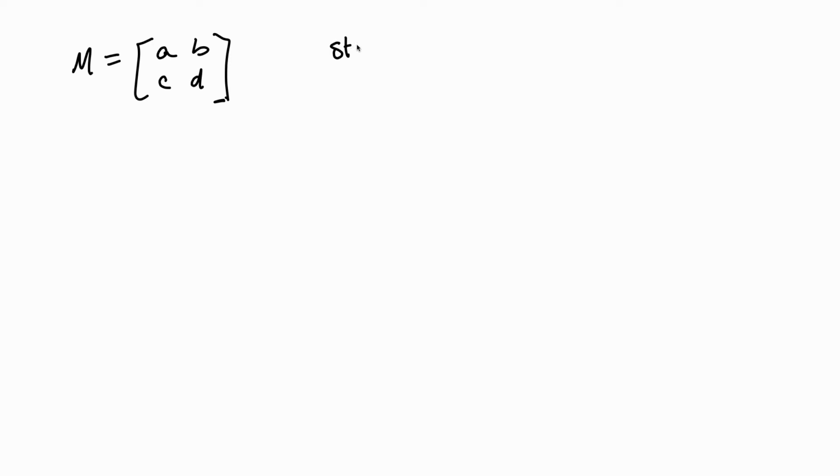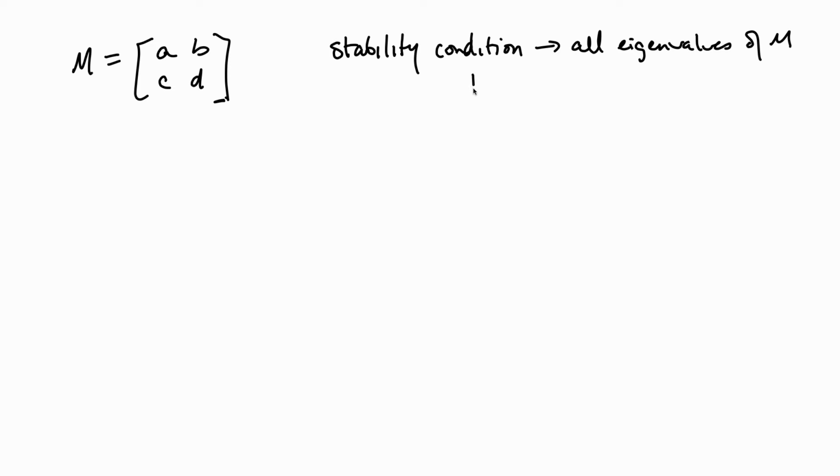So I'll just straight up start off by telling you that the stability condition is: all of the eigenvalues of M have negative real part. Right, because eigenvalues can have real and complex parts.